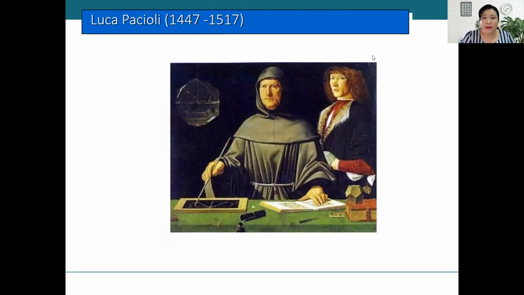Now, Luca Pacioli was born in 1447. He was called the father of accounting, and he was an Italian mathematician. In 1494, he published a very famous book about arithmetic, geometry, and proportion.